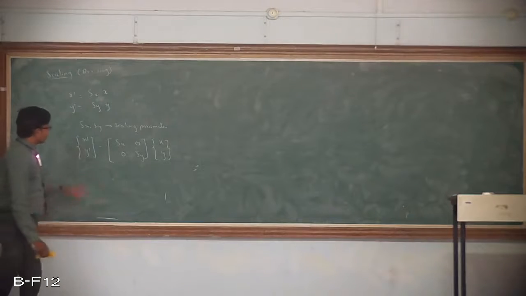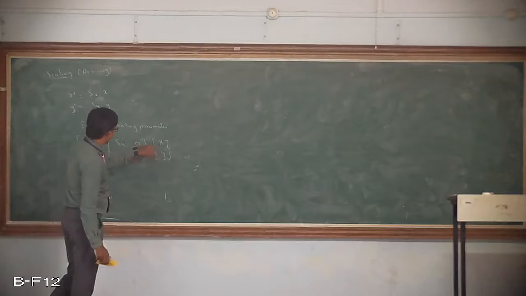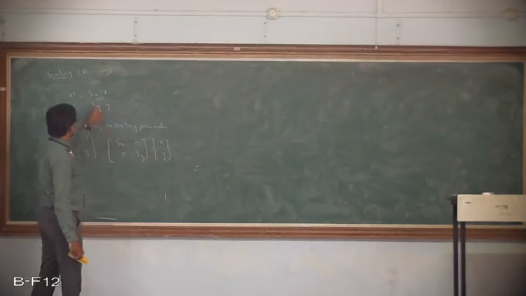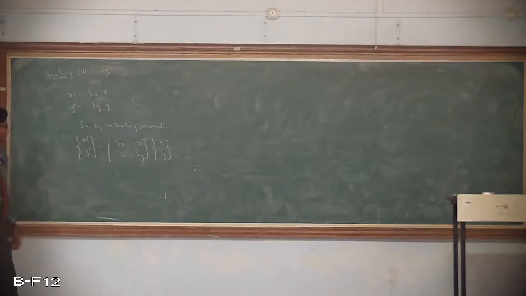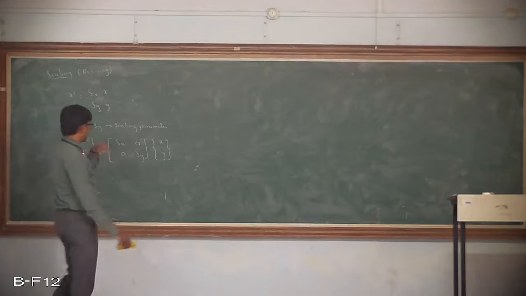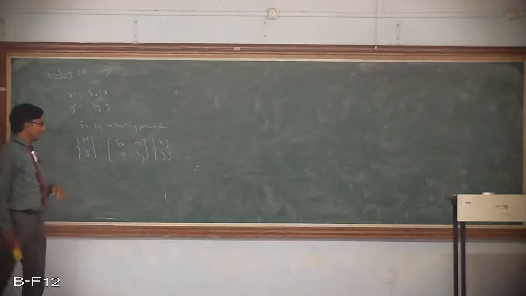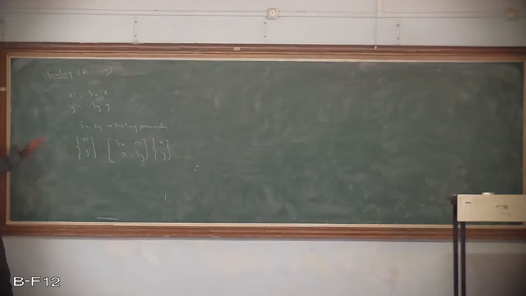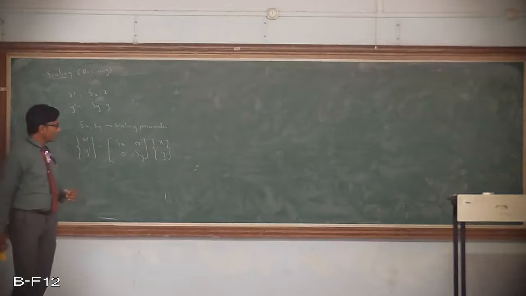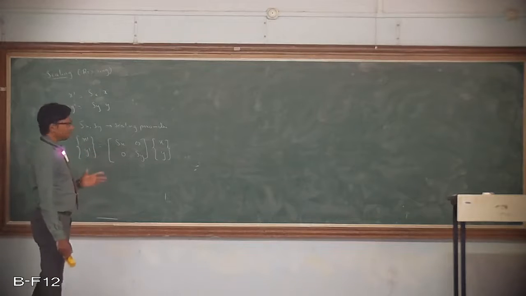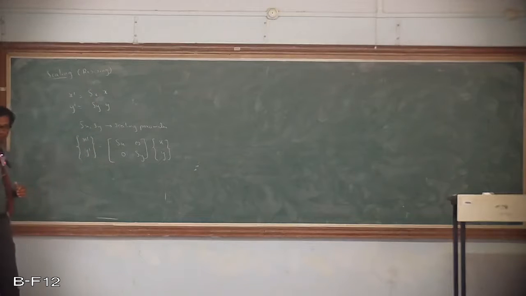If you see this, sx into x plus 0 into y is the same as sx into x. So here sx and sy are sizing factors or scaling factors. You can understand how things are done, and we'll be solving a problem on this so that you will be much clearer about this operation.